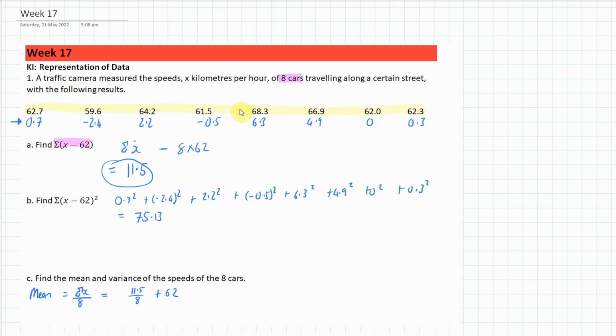Either way, we should get a mean of 63.4 to 3 significant figures.